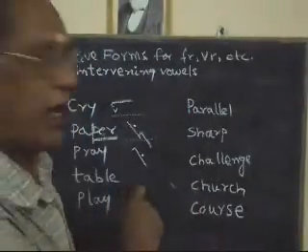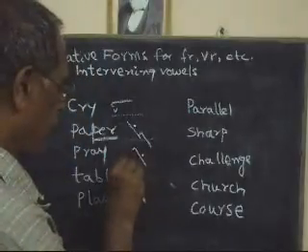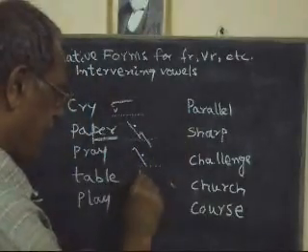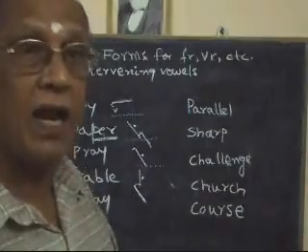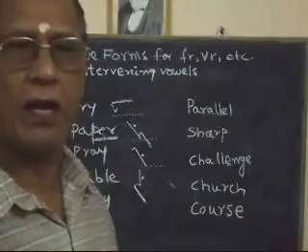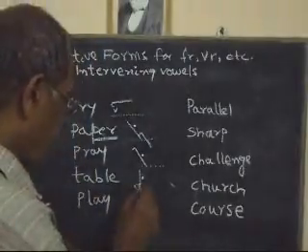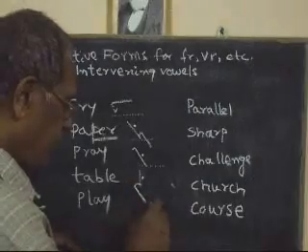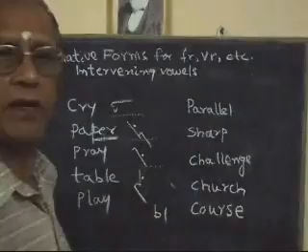Table. Here pray on the line. Okay. Table. No. You are not pronouncing like that. Are you pronouncing like that? No. Table. So, here, B, L. Clear.